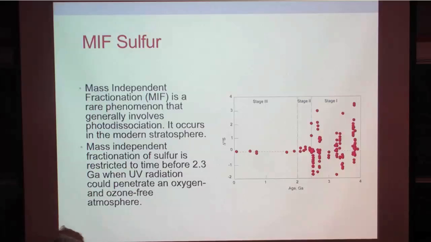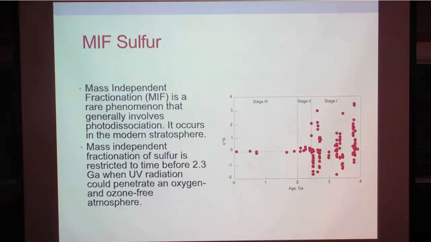Okay, mass-independent sulfur fractionation. Normally, mass-dependent fractionation is where the fractionation depends on the mass difference between the two isotopes. In the case of oxygen, if we had so much 18-16 fractionation, we'd see about half that amount for 17-16.